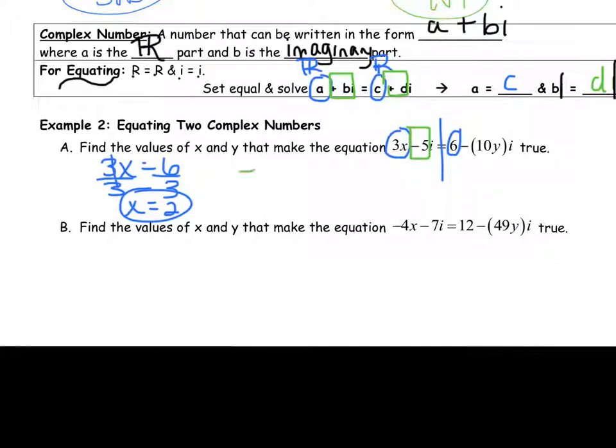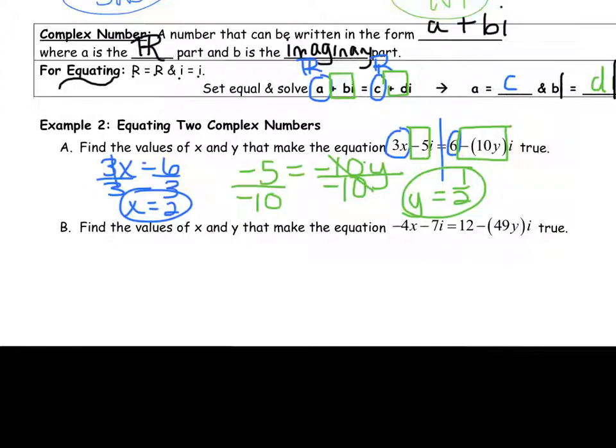So I have -5. I'm going to set it equal to everything that's in front of this i, the -10y. To solve this for y, the -10 and the y are multiplied, so to divide by -10 on both sides will leave us with y equals positive 1/2.